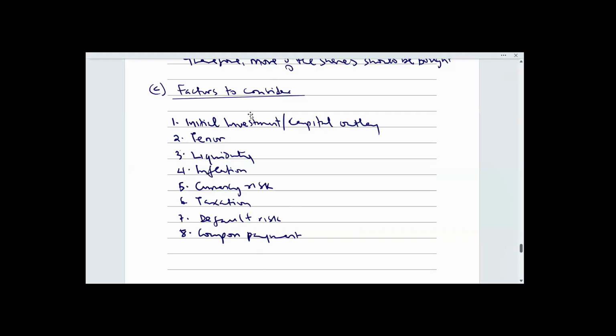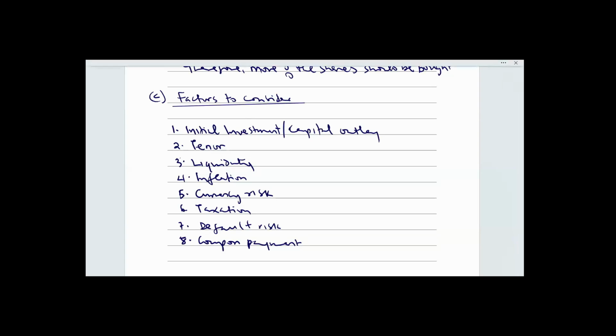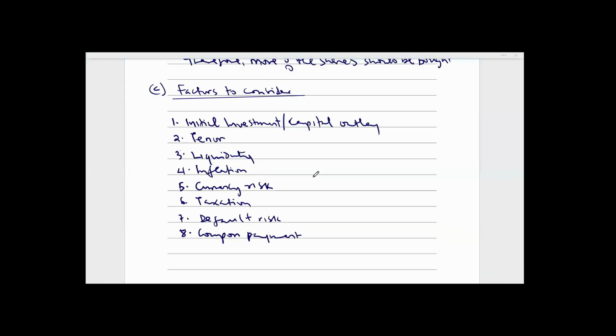Yes, Rose Simon, talk to me quickly. Please, can you just expatiate on that coupon payment? Coupon is the interest you are going to get on your investment.